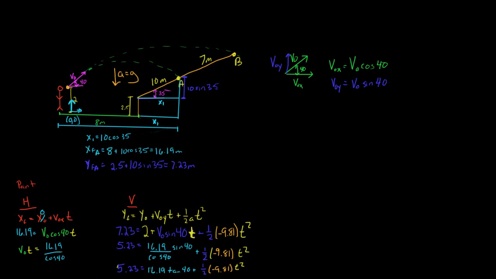And if we solve this equation, we're going to get a time, and this time, this t right here, is going to be equal to 1.305 seconds. And so this is what we are looking for.